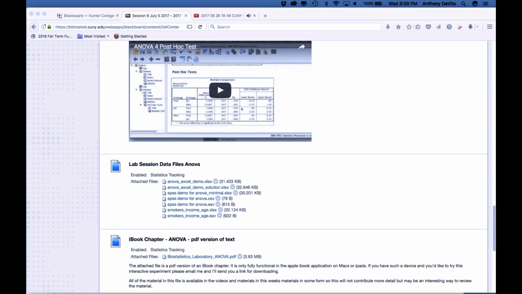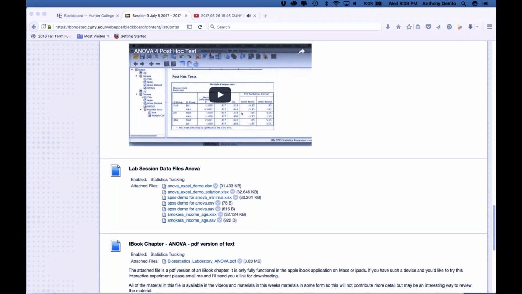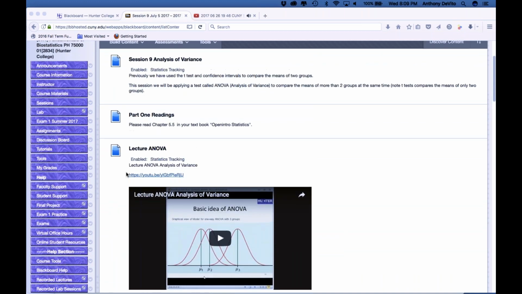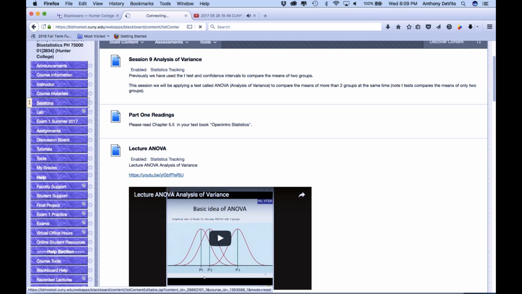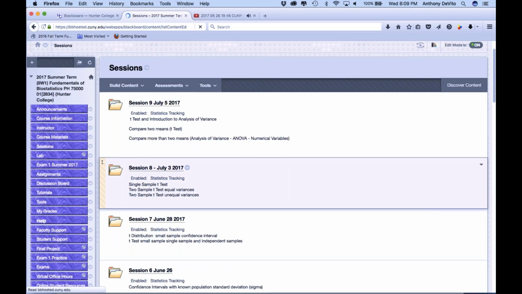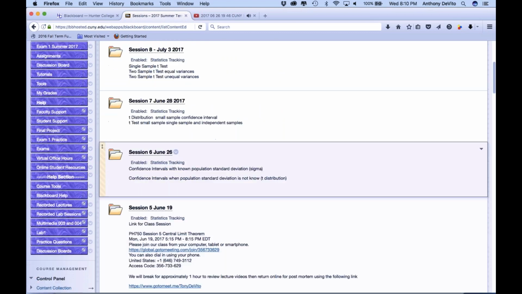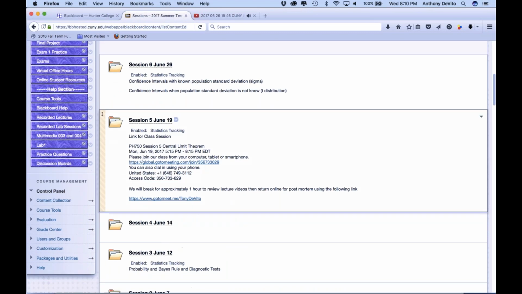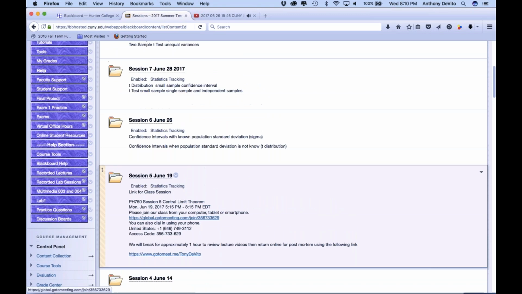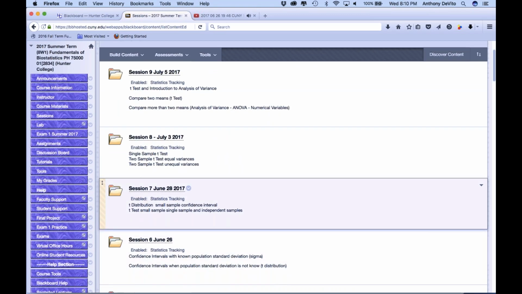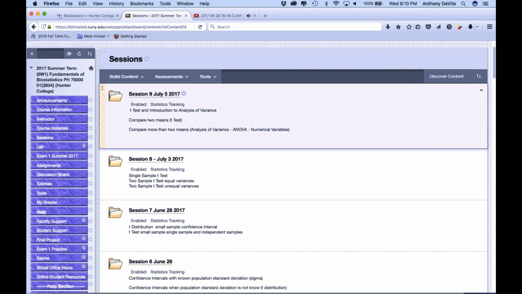Which sessions are we reviewing? For the tests, we're going to be doing everything since the last exam, which would be session 5 through session 9: confidence intervals, t-tests, and analysis of variance.